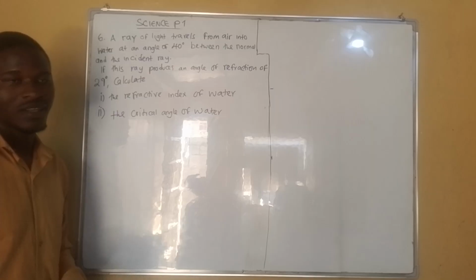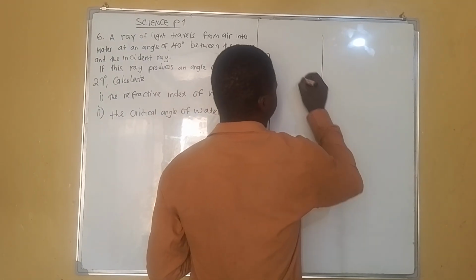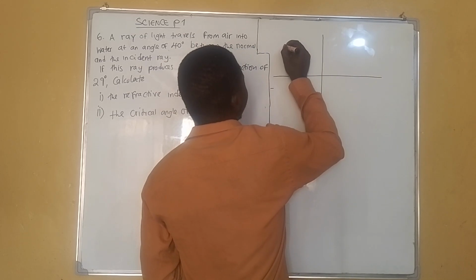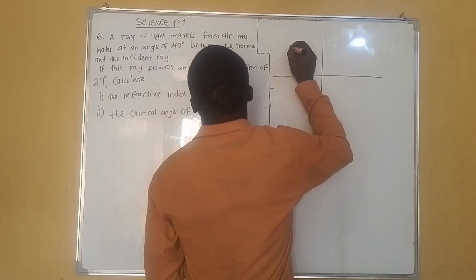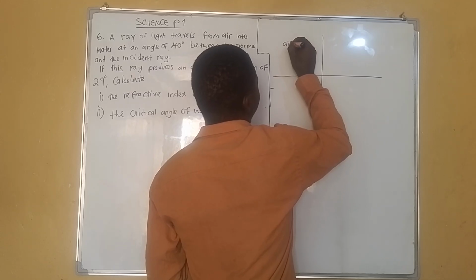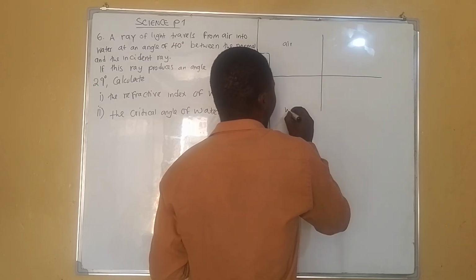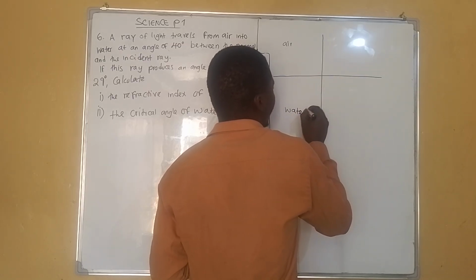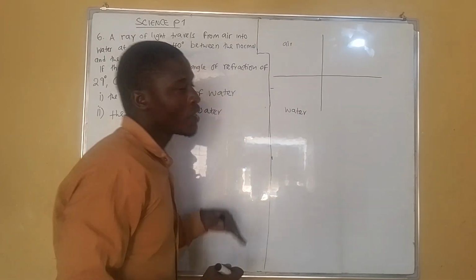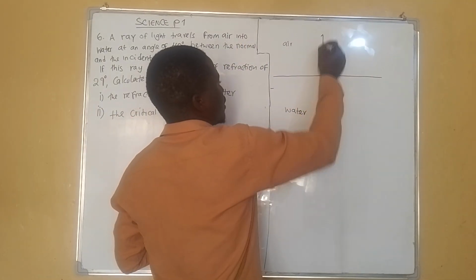Let me show you what they mean. Air is a medium, isn't it? So a ray of light travels from air. Let's say this is the air, and this here is the boundary, and then you have water. From this point going downwards is water, and upwards there is air.